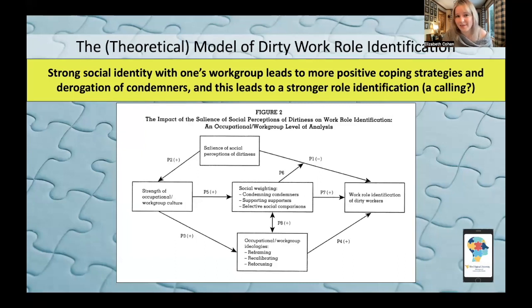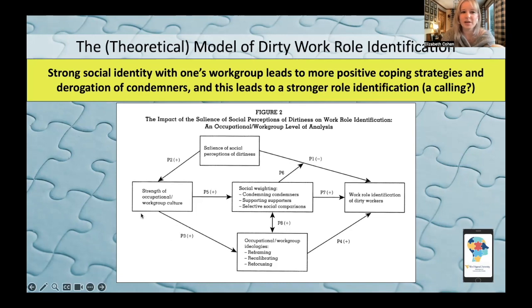And I'm going to summarize this as quick and dirty as I can, pun intended, and just say that the theorizing is that even if people are in a profession where they are delegitimized by a lot of people in society, their social identity, their social membership in a work culture actually is all that matters. And that's where they get the legitimacy from. So this is another reason why social identity is so important.